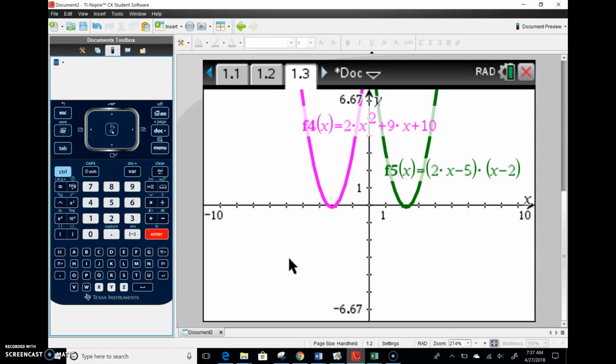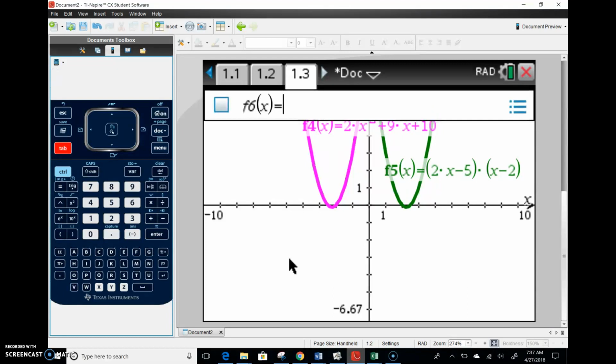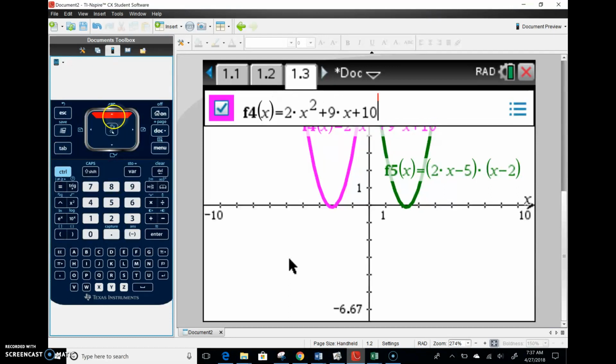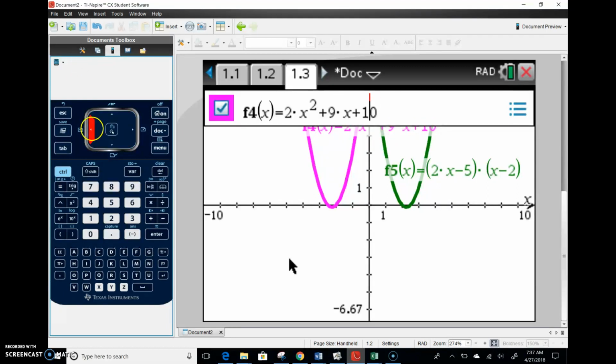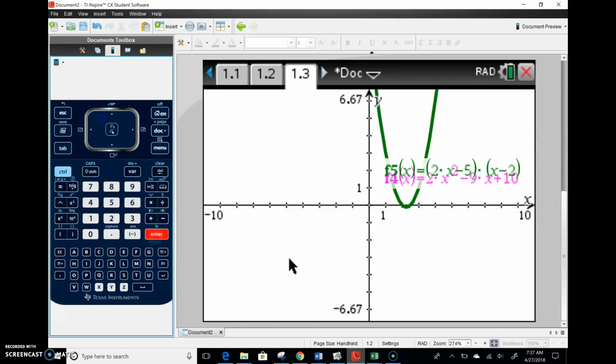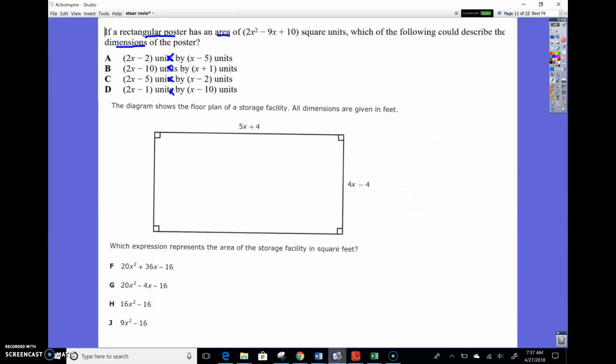They look very similar. 2x minus 5, x minus 2. See, Mr. Lee, you gotta type in the correct equation to start off with. You don't do that, you don't get the right answer. So the answer is C. Try the next one on your own.